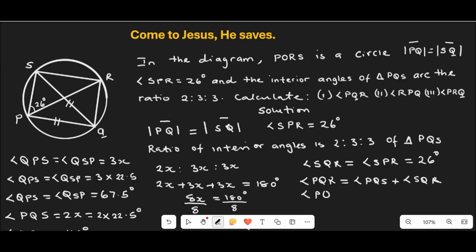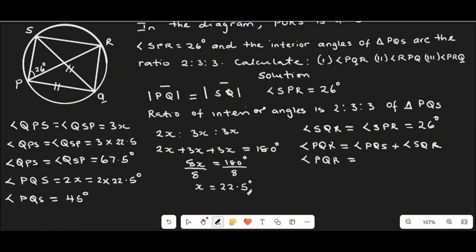Let us substitute the values into this equation. Angle PQS has been calculated to be 45 degrees and angle SQR is 26 degrees. So 45 degrees plus 26 degrees gives us 71 degrees.